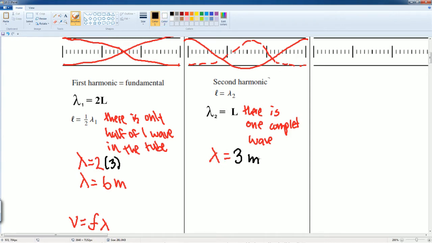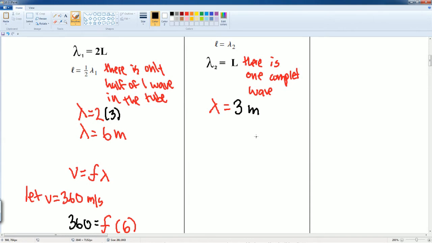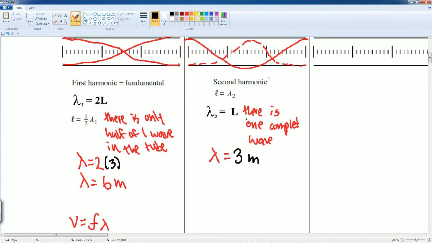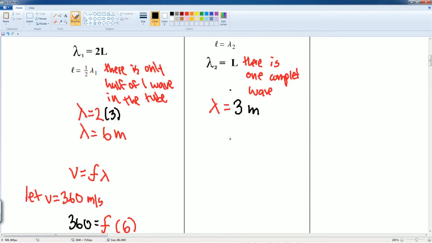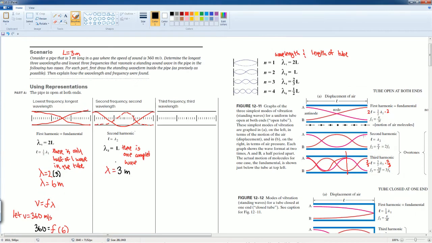And if you want to know the frequency, and this is also considered to be the second harmonic.